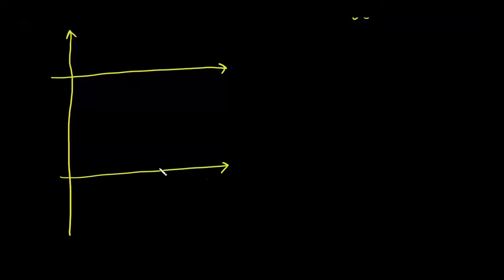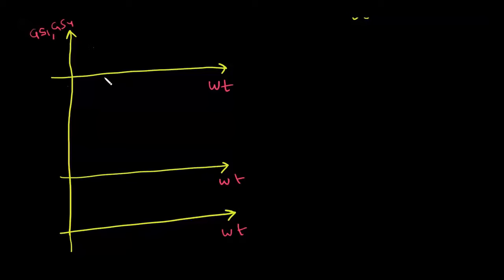Let us take a look at the gating signals. This is the time axis omega t. Let's take the gate signals GS1, GS4. We are turning GS1 and GS4 on simultaneously. Let's say this is pi and this is 2 pi.